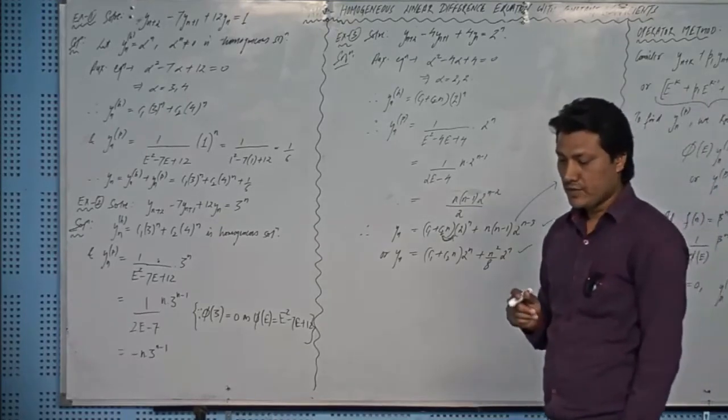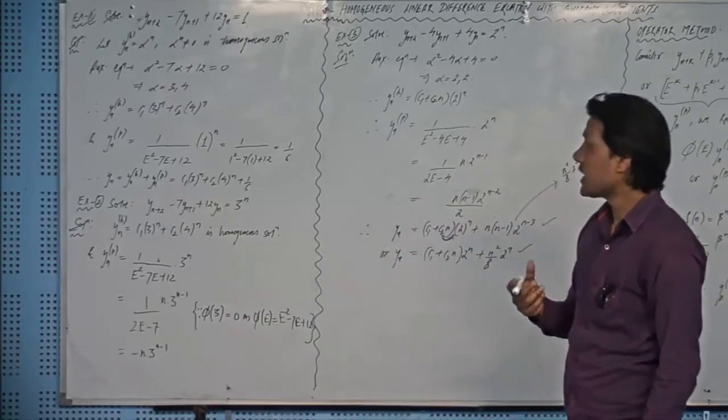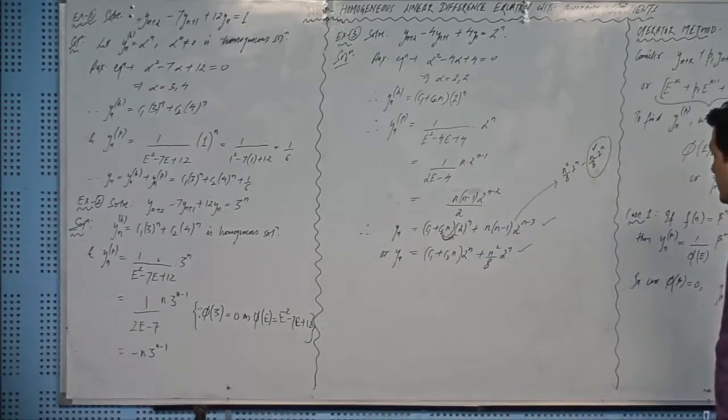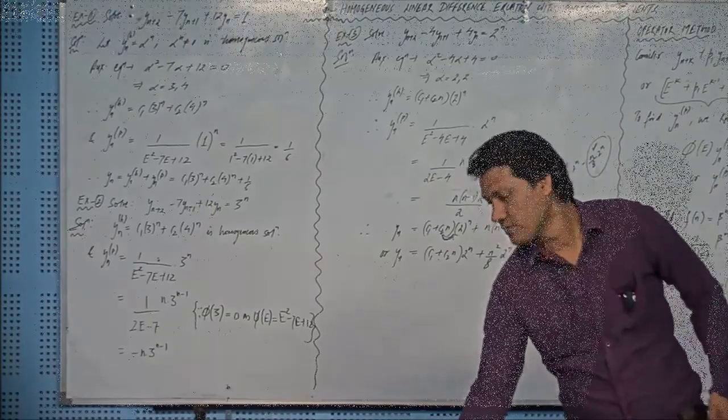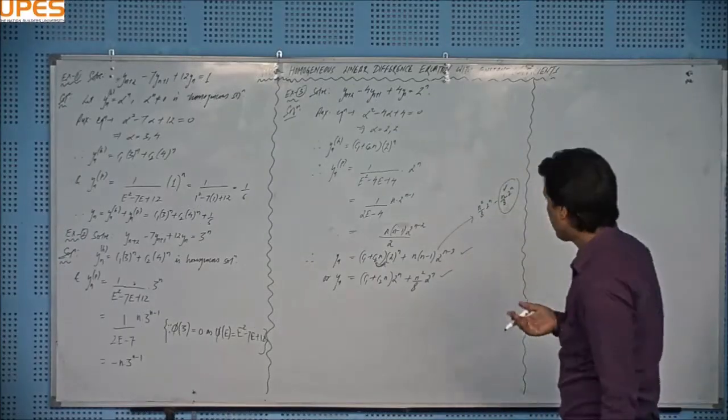Okay, so I will take another case when the right hand side is a sine or cos function, right? In that case, what we will do, I will rub this first.